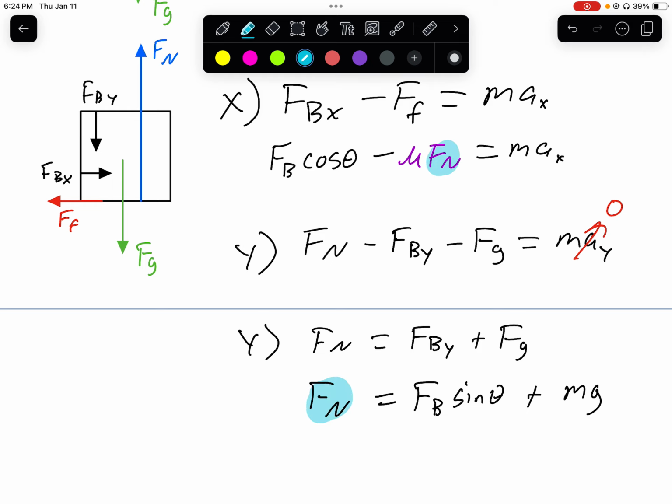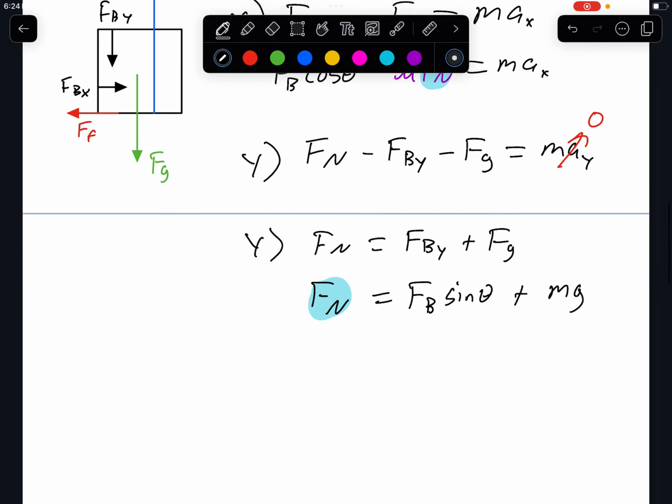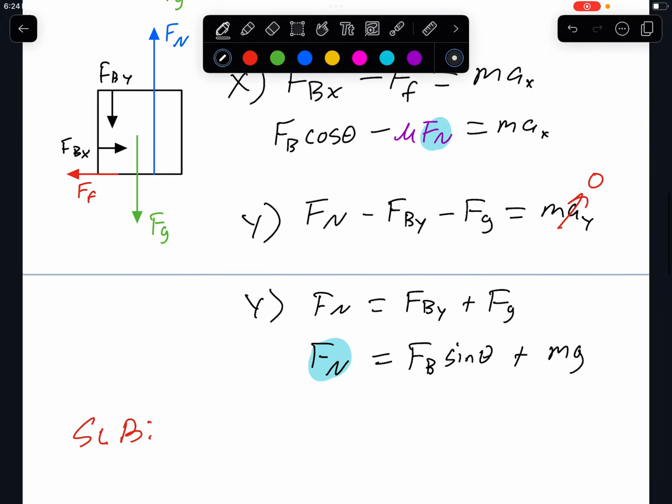Back up here, I'm going to sub that into that top equation and use it to solve for the acceleration. So, substitution for the normal force. What do I have here?